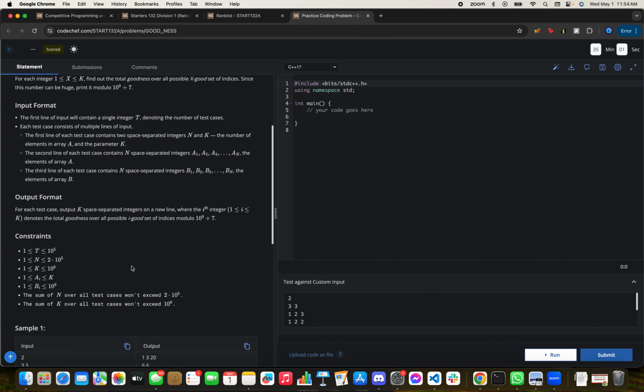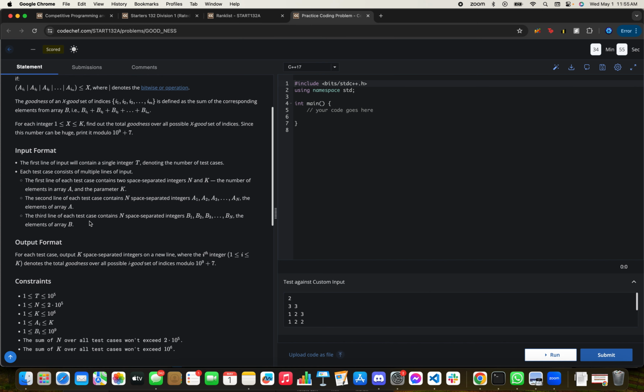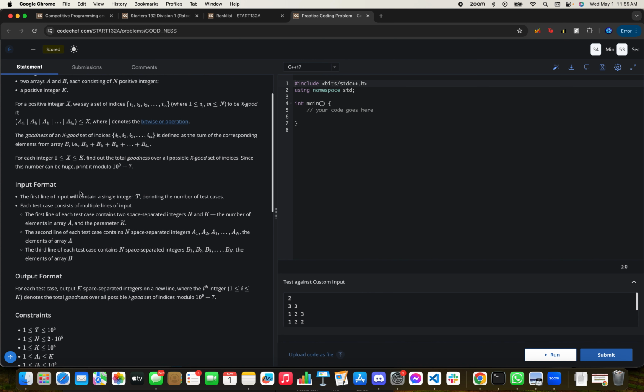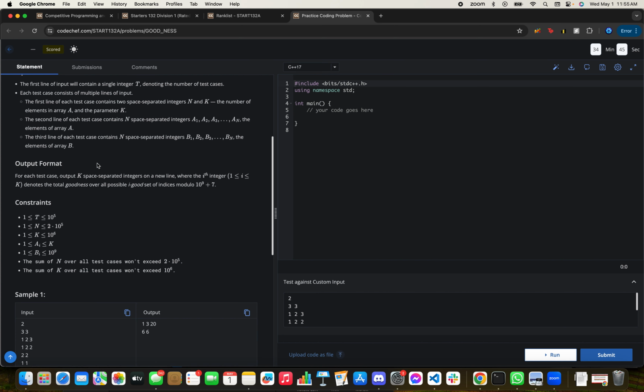Let me read the problem again and make sure that's what they actually want. Oh. Interesting. So you actually want this answer for all k.